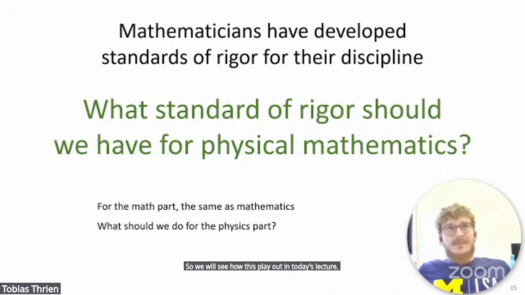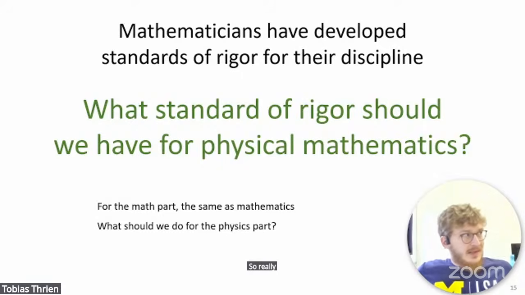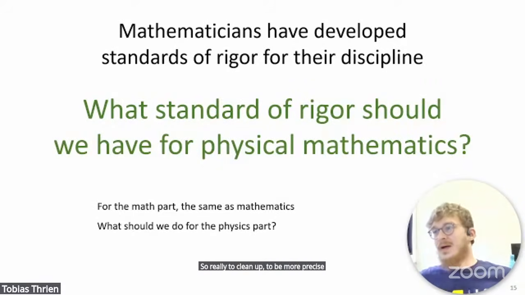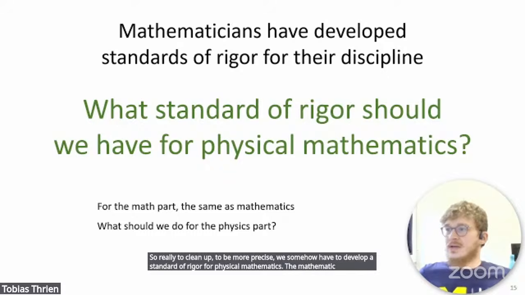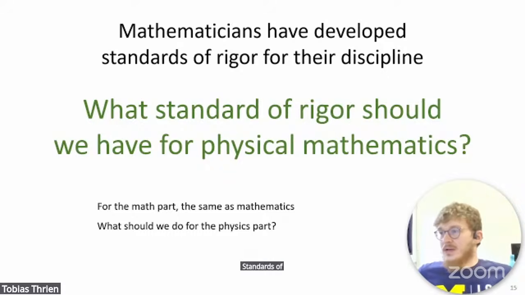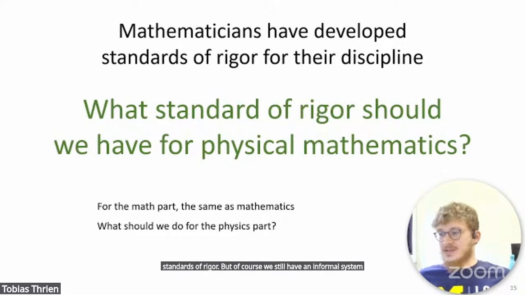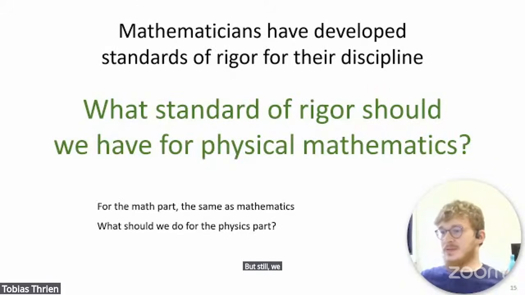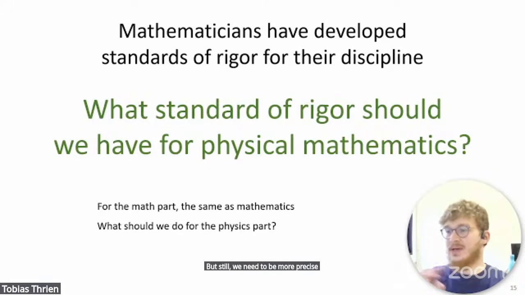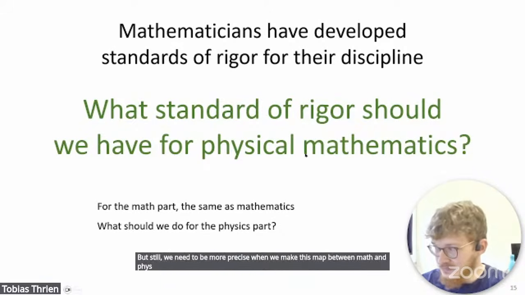So really, to be more precise, we somehow have to develop a standard of rigor for physical mathematics. The mathematicians have their own standards of rigor. But of course, we still have an informal system. We won't fully formalize all of physics. We can't be as rigorous as they are, but still, we need to be more precise when we make this map between math and physics.